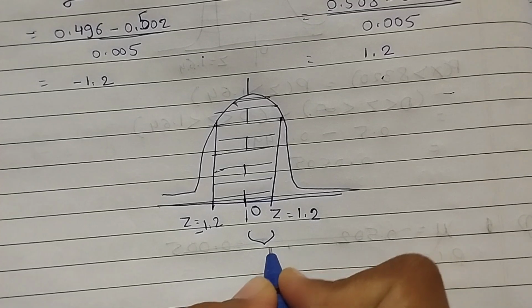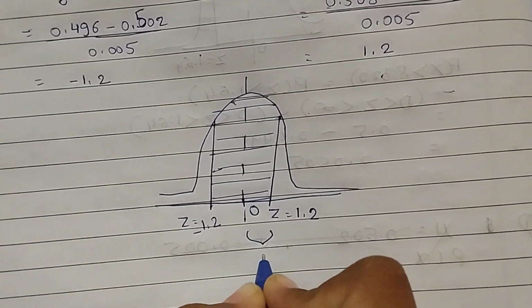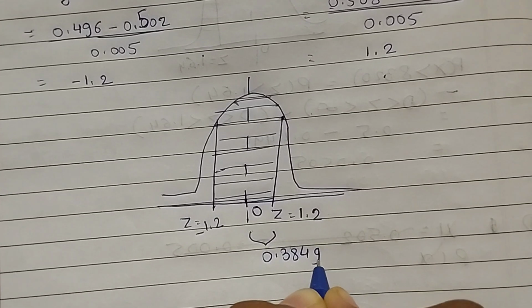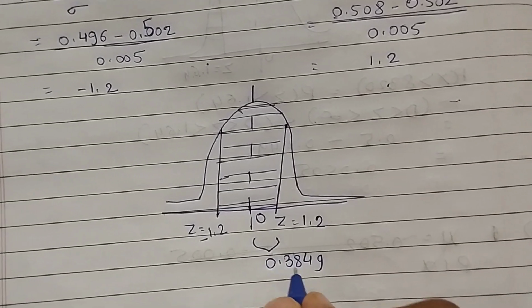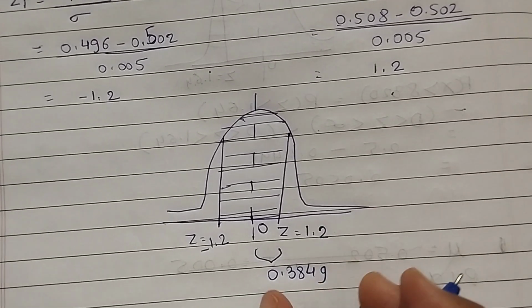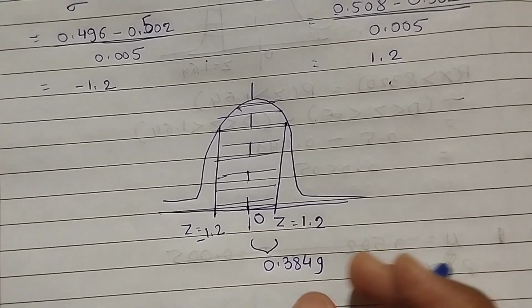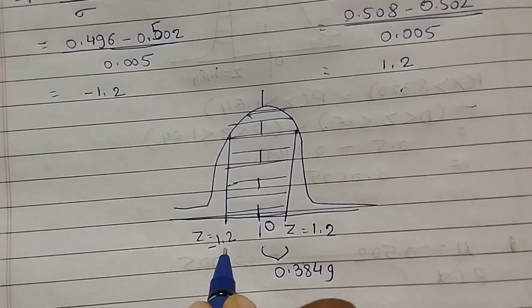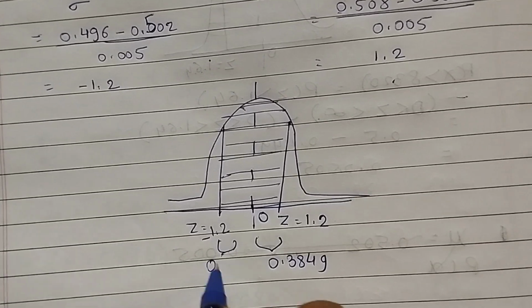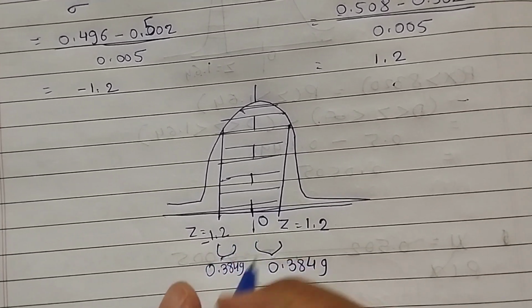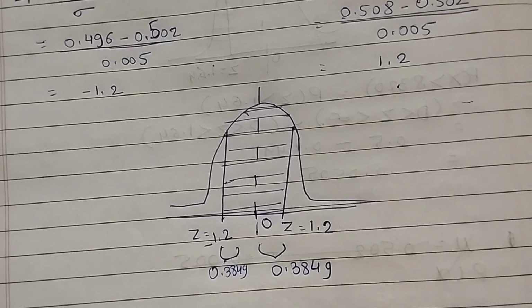With the help of the normal table we find the portion is 0.3849, and if this positive area is 0.3849, then the negative area is also 0.3849, because the values are the same, only the signs change.